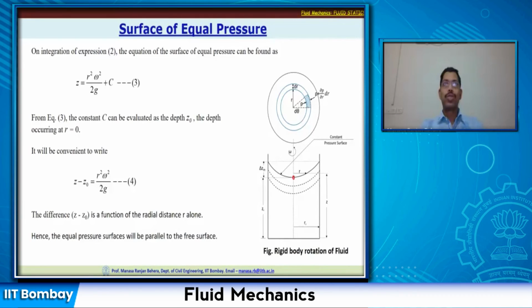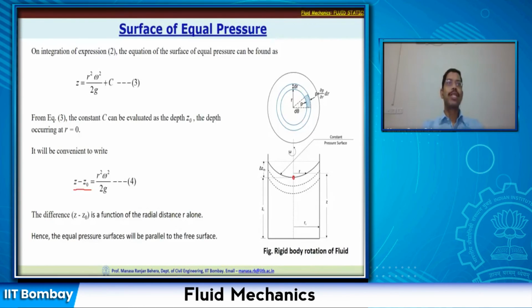If we substitute these two, we can find out your c is equal to z0, because r is 0, so z is becoming z0, and so c will become z0. Now by substituting this value, we will be able to write down that z minus z0 is equal to r square omega square by 2g.